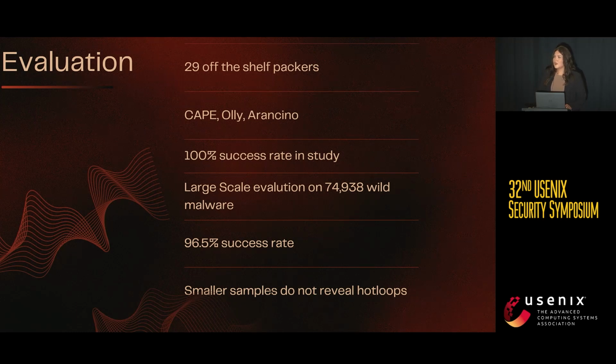So what we saw, the discrepancy between the known data set and the wild packed malware data set, was that the smaller samples of the wild packed malware data set failed due to the fact that the smaller samples actually do not reveal hotspots.